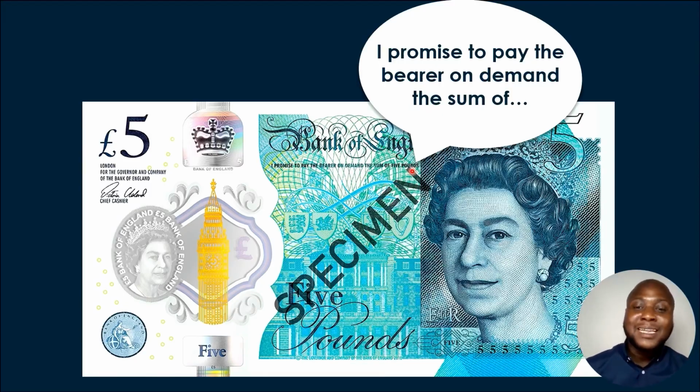And so it means that when you have cash in your pocket, the other party involved is the central bank of your country. It does not matter whether you are in England, the UK, the US, Canada, or wherever you are, as long as you have cash in your pocket, the other party, which is not physically present with you, is your central bank. This explains the fact that the promise or the obligation lies with the issuer of those currencies.